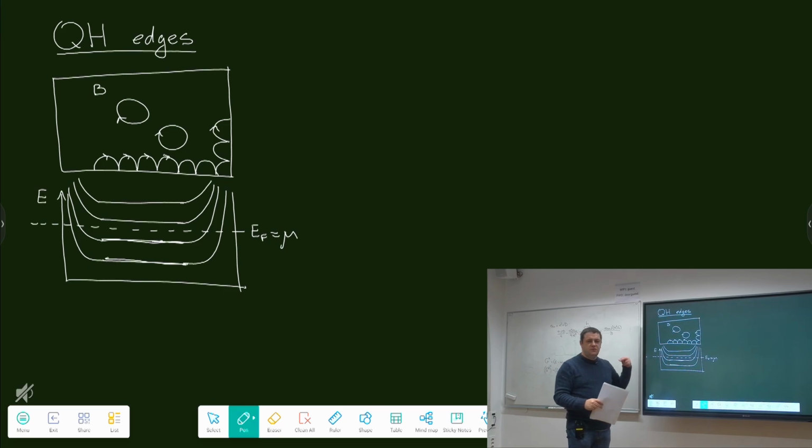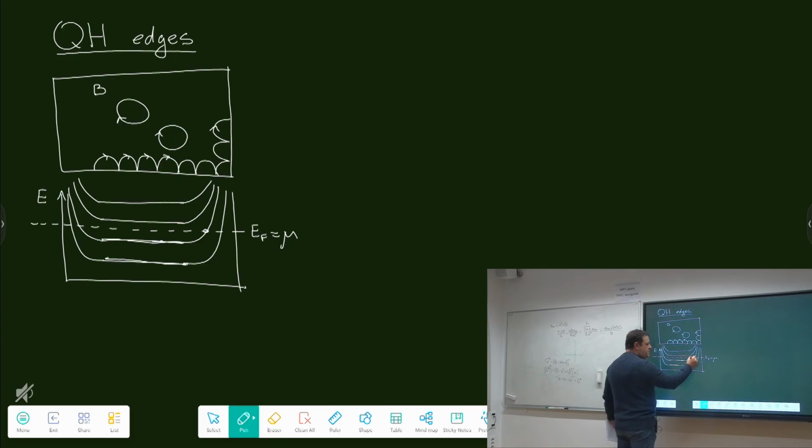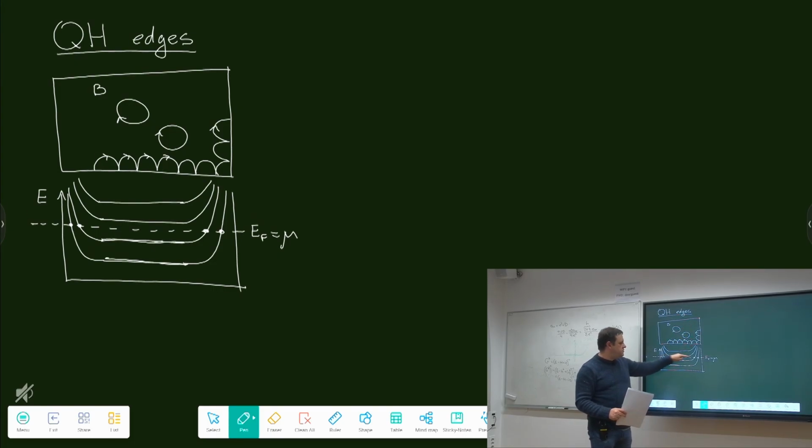We have 2 Landau levels filled, but we also have this bending, which means there are some states exactly at the Fermi level, but these states exist only close to the edges, and these are exactly the skipping orbits, the ones that propagate along the boundary. They have this energy at the Fermi level. And they propagate, so if we have 2 Landau levels filled in the bulk, we also have 2 distinct edge modes. And this is the exact correspondence.